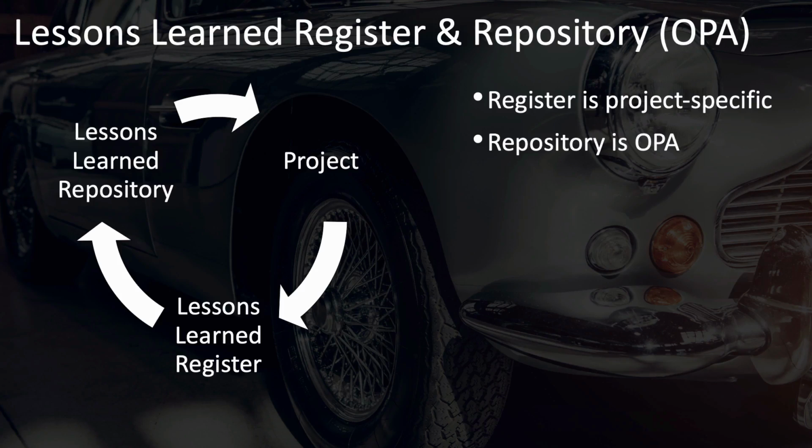You may be selective about this and combine and consolidate a little bit, but those lessons that you feel would be valuable for other projects all need to be put into the lessons learned repository, which is an organizational process asset that is shared by all projects. That way, when new projects are launched, they can start with those lessons from the lessons learned repository as input to the initiation and project planning, especially, of your project.